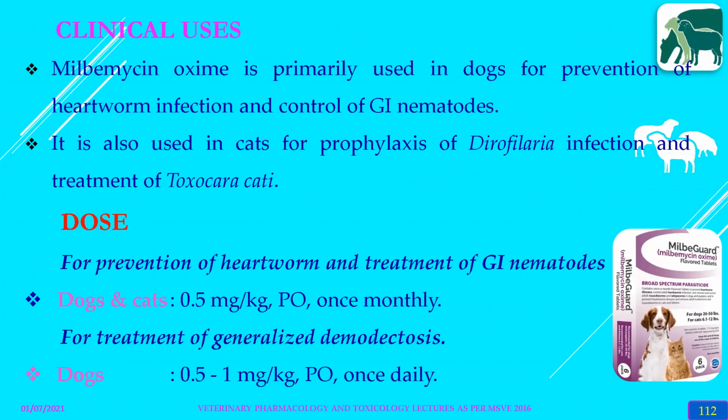The dose for prevention of heartworm and treatment of GI nematodes is 0.5 milligram per kg, once monthly, which is enough because of the very long half-life. It is available as Milbegard, the milbemycin oxime tablets, which have some good flavor to attract the dogs.